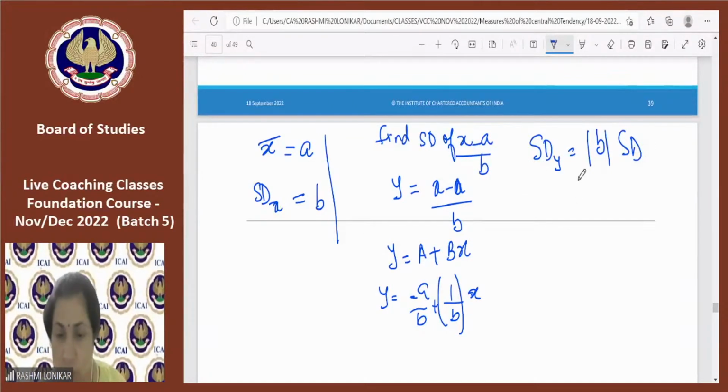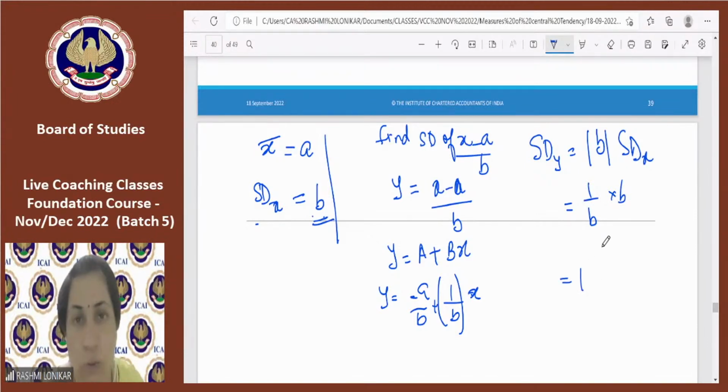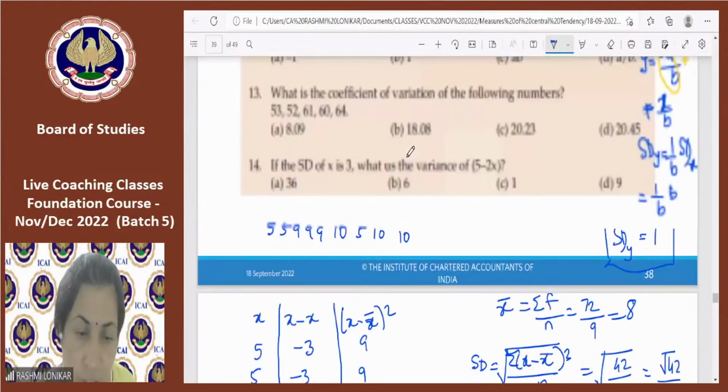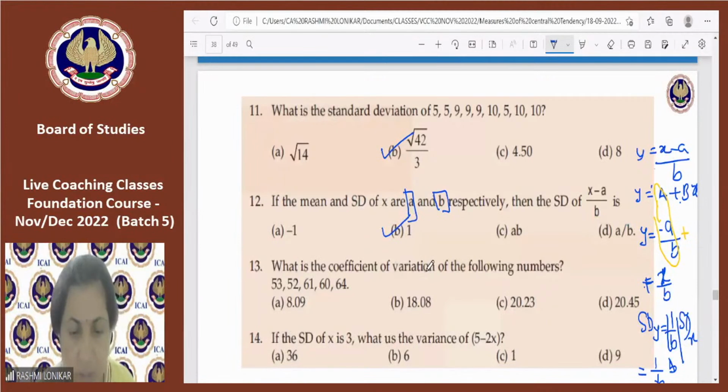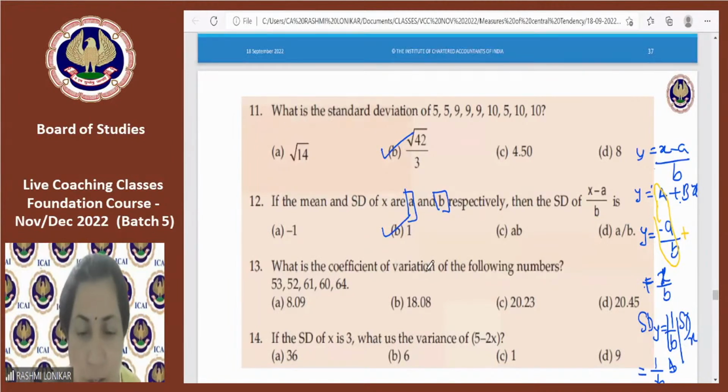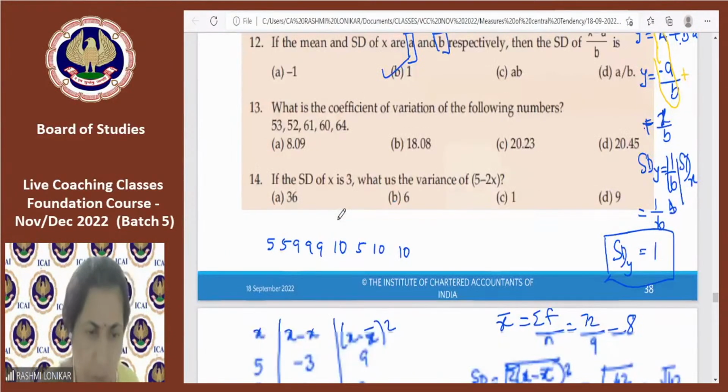So standard deviation of y will be equal to 1 upon b into b, since the standard deviation of x is given as b. So this becomes equal to plus 1. In the options you have minus 1 also, but minus 1 is not considered because we are considering the modulus, the absolute value of b. Is that clear? Yes?